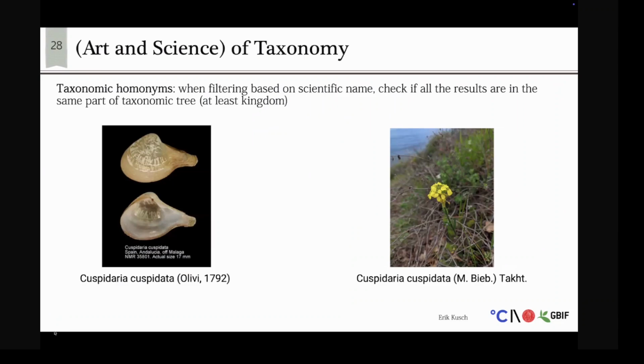Lastly then, and something we luckily don't have to deal with in the dataset that we are working with today, however, I want you to be aware of, is that taxonomy in its own right is an art and a science. And there are taxonomic homonyms where, for example, this bivalve on the left-hand side has the same name as that flower on the right-hand side. These have different persistent unique identifiers within GBIF.